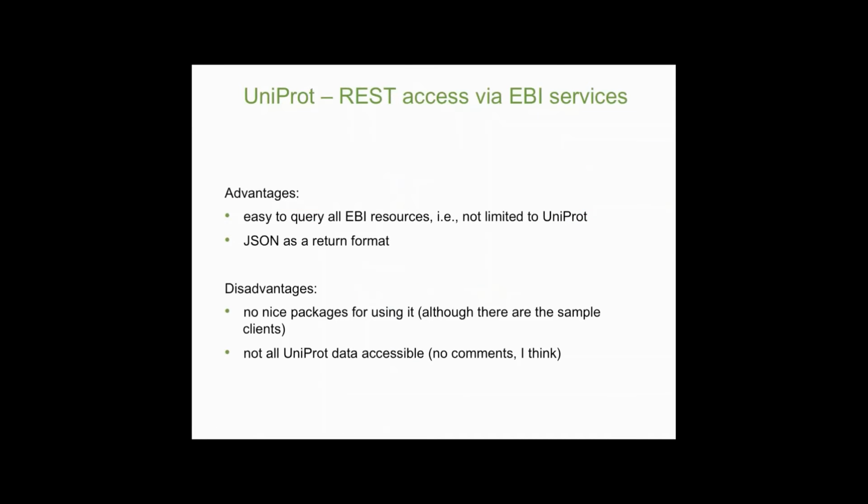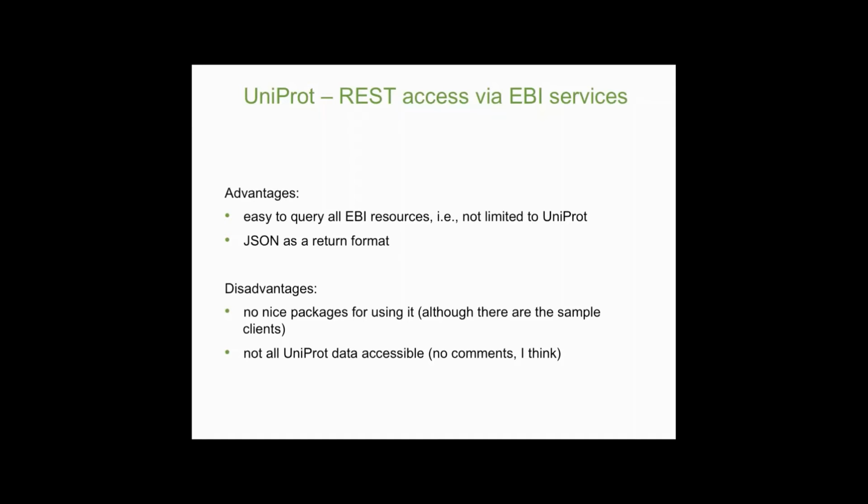The advantages of the EBI web services for querying the UniProt RESTful API is that once you're familiar with it, it's probably very easy to transfer your knowledge to other resources hosted at the EBI, which makes it more powerful in this sense. And JSON is a return format which is available, which is not the UniProt REST API.